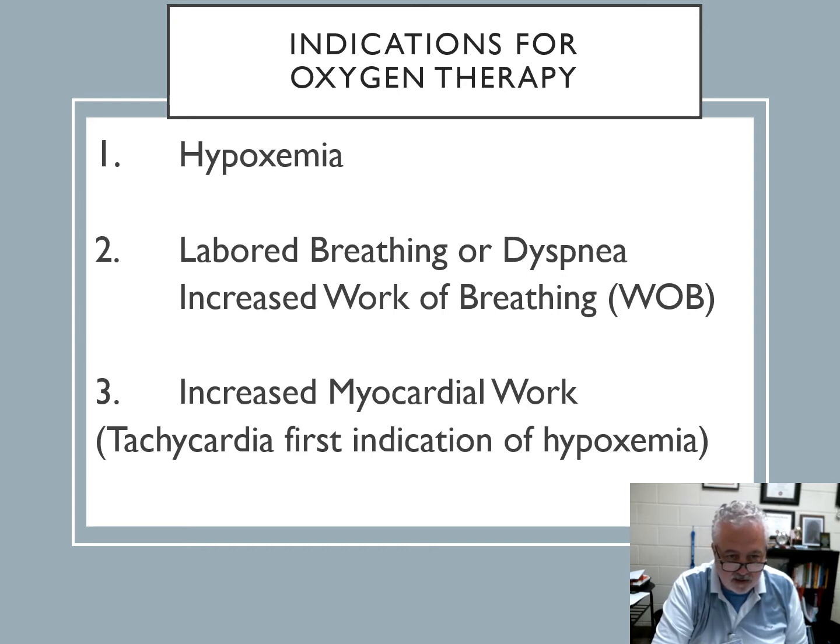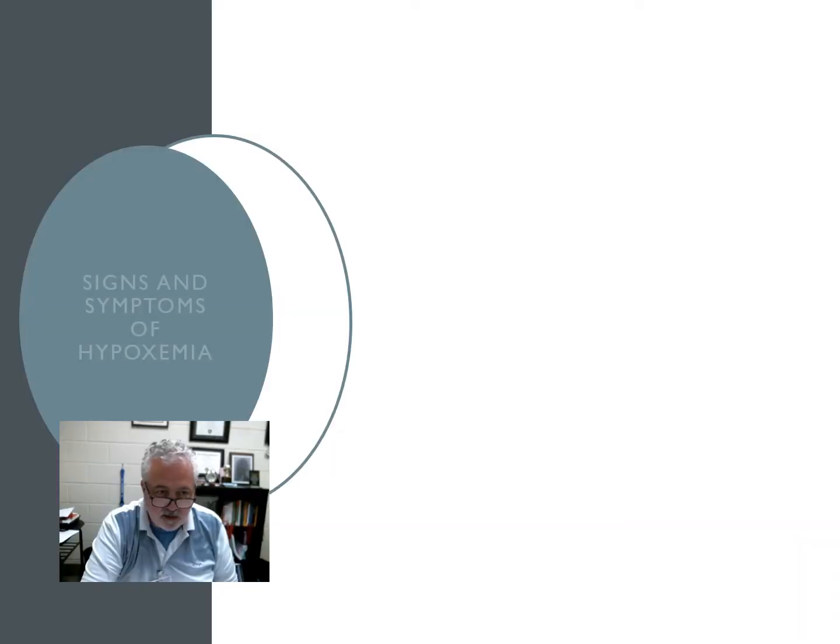So if the heart rate's going up, then something's going on with the patient. The first thing we want to think of is what's their blood gases, how's the PO2, are they oxygenating? And if not, then we're going to support their oxygenation. Just having a patient having tachycardia indicates the need for oxygen. All right.